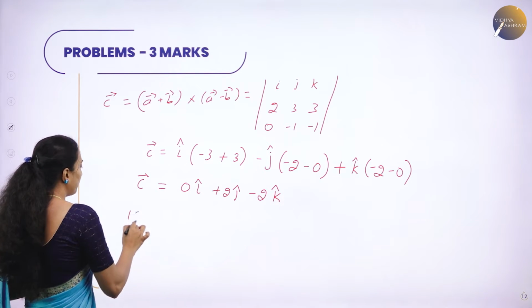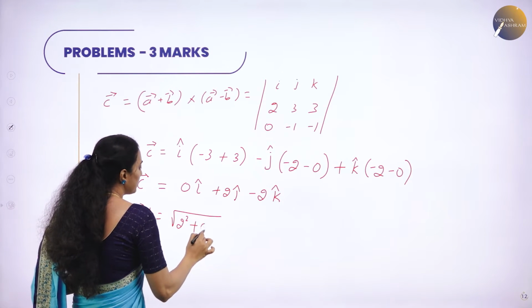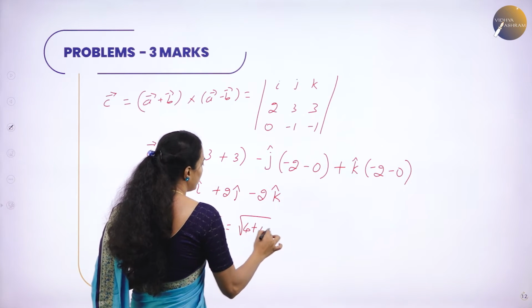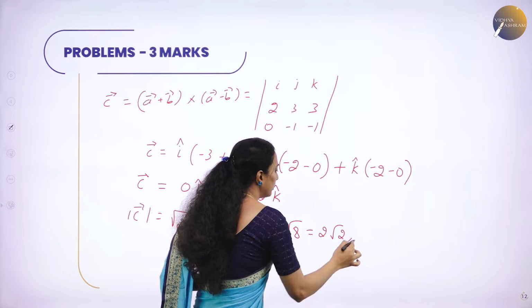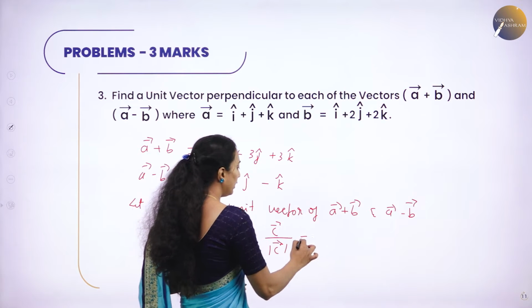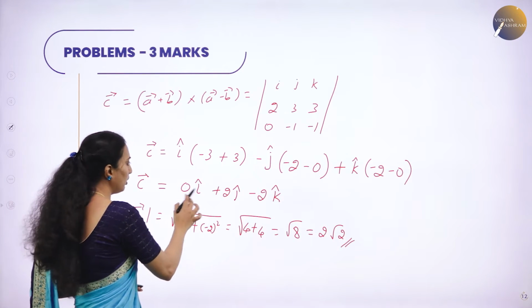Now you have to find the magnitude of this, which is given by the square root of 2 squared plus minus 2 squared, which is the square root of 4 plus 4, which is the square root of 8, which you can write as 2 root 2. So this is the magnitude. Now substituting here, you can neglect the 0i.